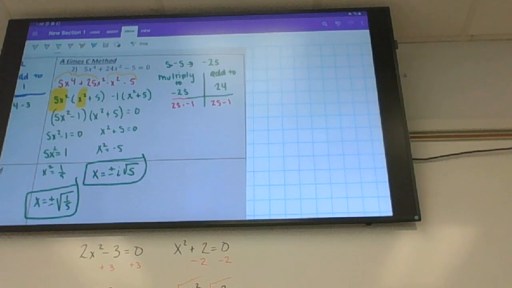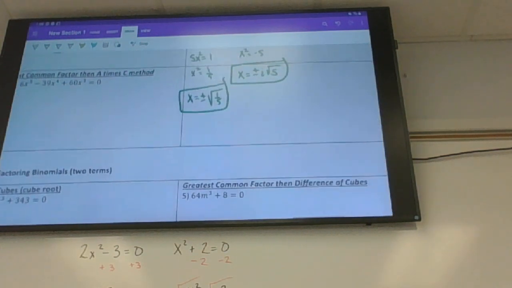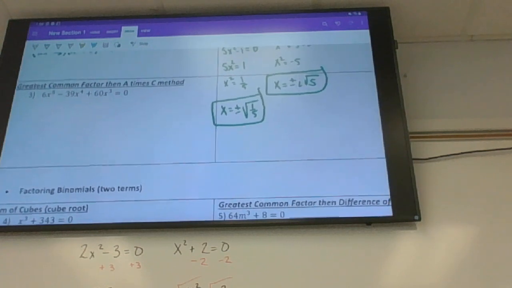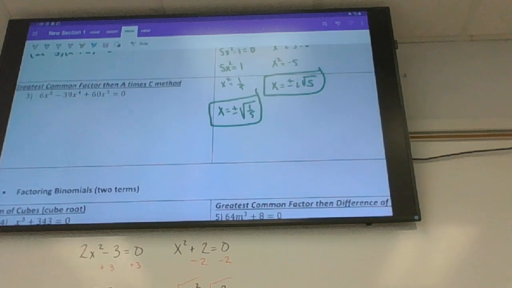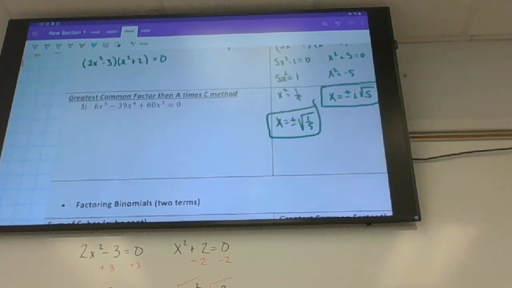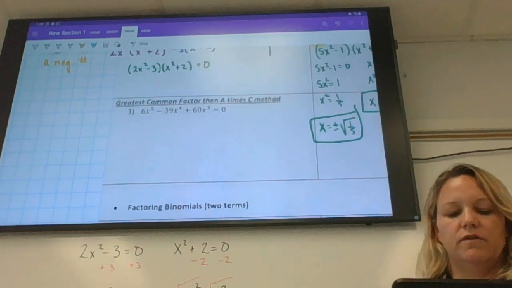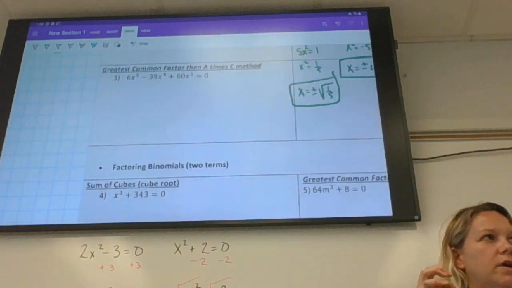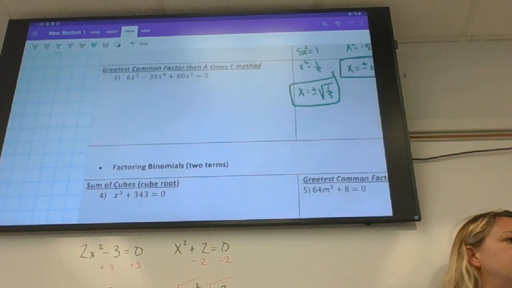You can make that connection. Then you solve that. So 0 divided by 3 and 0 square rooted.